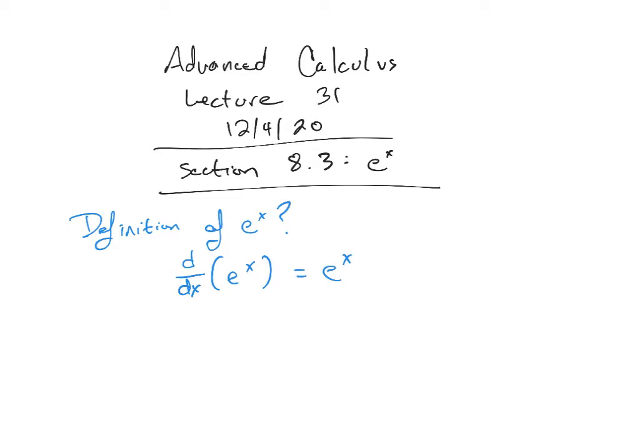So we want the derivative of e to the x to be itself. And that doesn't quite do it. If you think back to differential equations, you have to do one more thing. The constant term is 0. Yep. You have to give it an initial condition. Okay.